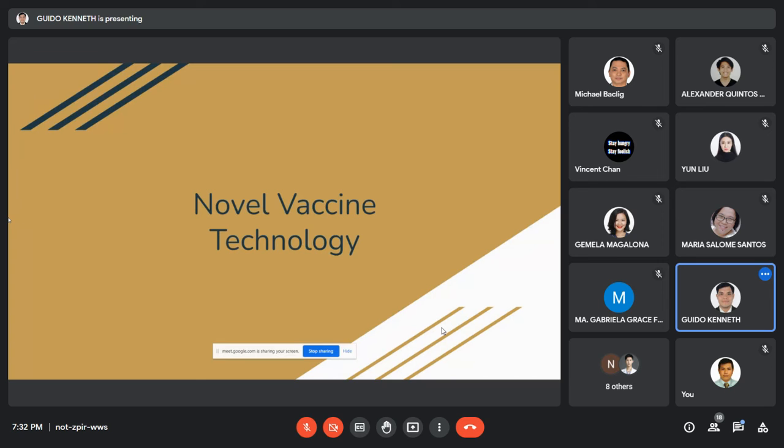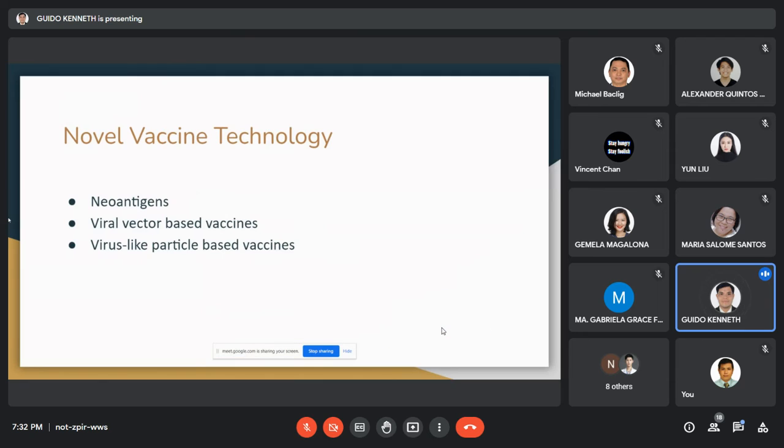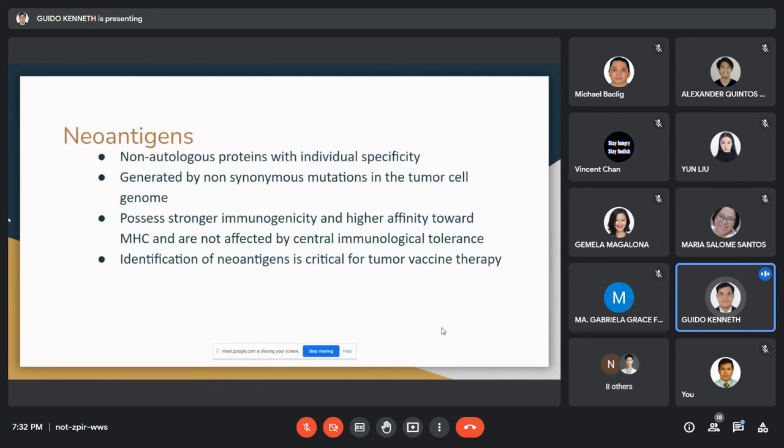So, due to advancement in research and technology, new vaccine technologies are emerging. Neoantigens, viral vector-based vaccines, and virus-like particle-based vaccines are among the vaccine technologies developed. Neoantigens are non-autologous proteins with high individual specificity that are generated by non-synonymous mutations in the tumor cell genome.